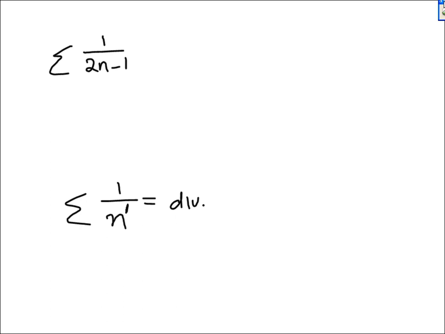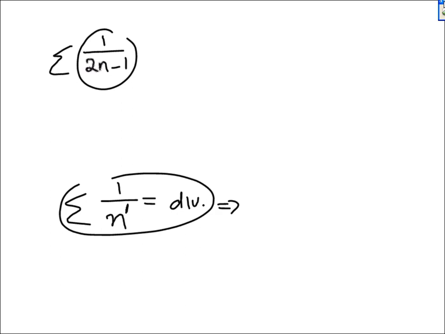Now, if this here is bigger than 1 over n, for example, or any multiple of it, if this diverges, that implies that half of it diverges. But half of it is the summation of 1 over 2 to the n. Okay? So if this is bigger than a divergent series, it too must diverge.